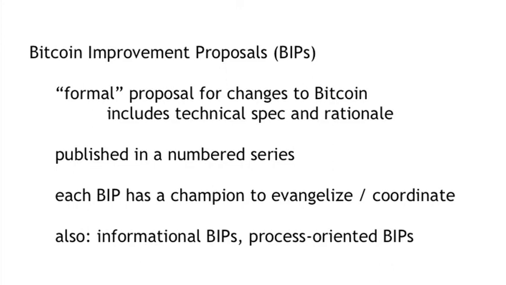Another related piece of machinery is Bitcoin Improvement Proposals, or BIPs. These are formal proposals for a change to Bitcoin. And typically, an improvement proposal will include a technical specification for a proposed change as well as a rationale for it.